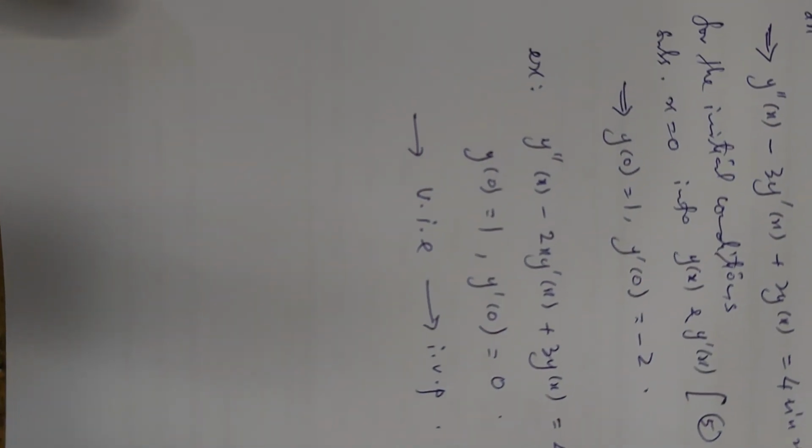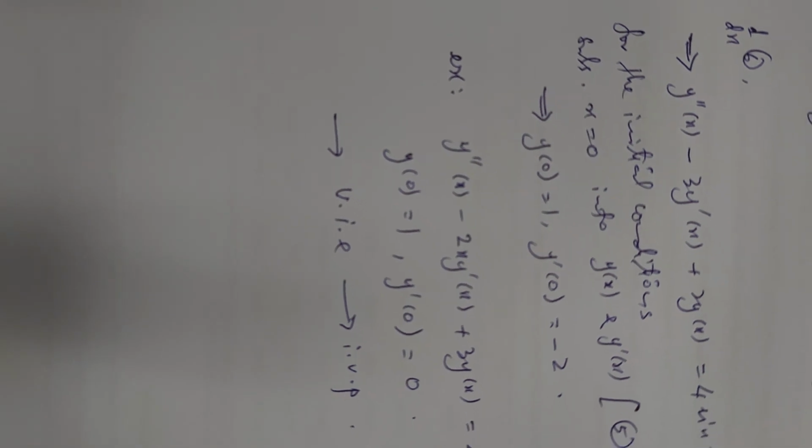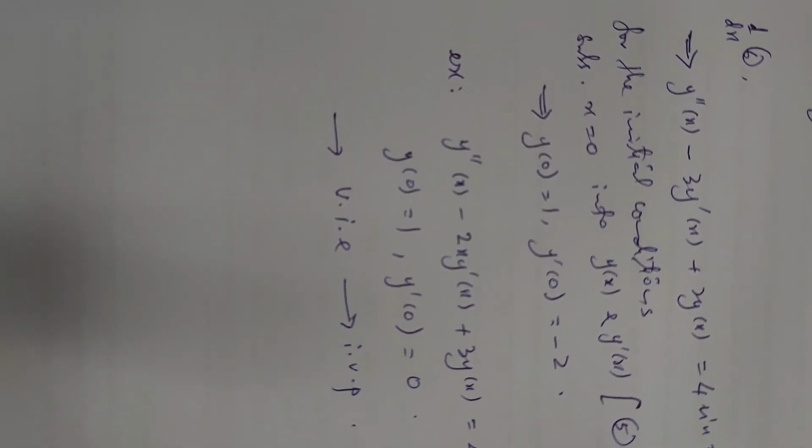Alright, so that will be the end of this video. Now let me recap what I've done in this video. Given a differential equation of the second order, basically you can also work for the n-th order, because at the beginning of the last video I think I gave the general case, the n-th order differential equation, and then we convert the given differential equation into a Volterra integral equation.